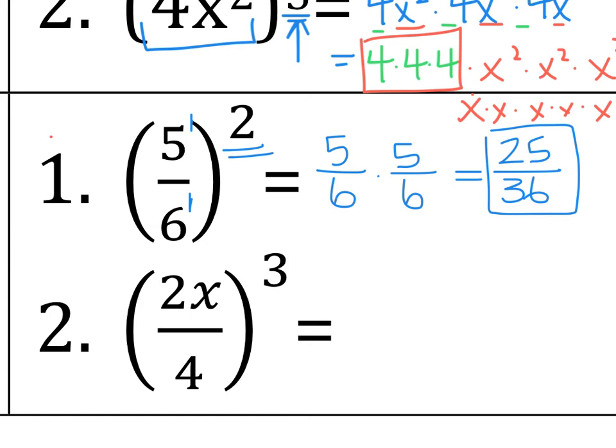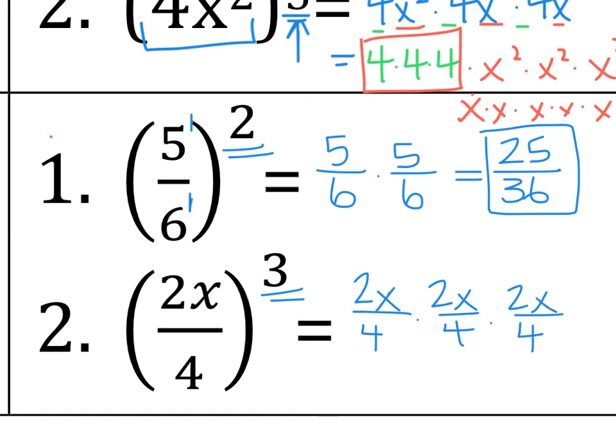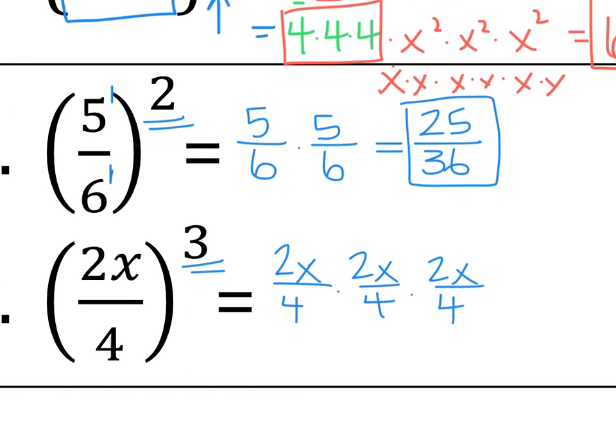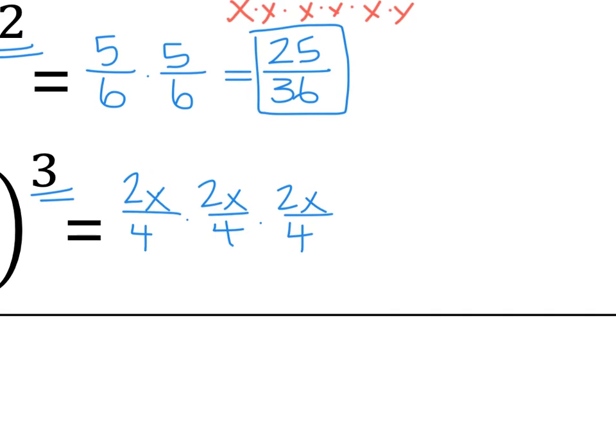2x divided by 4 to the 3rd. So we need 2x divided by 4 3 times. So it's 2x over 4 times 2x over 4 times 2x over 4. I'm going to group like bases together, so when I rewrite this, I'm going to write it as one big fraction.